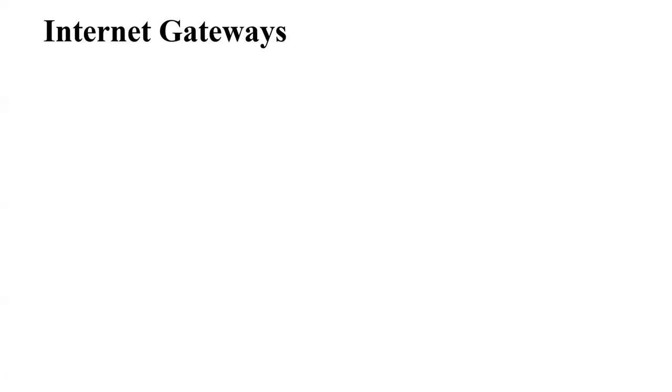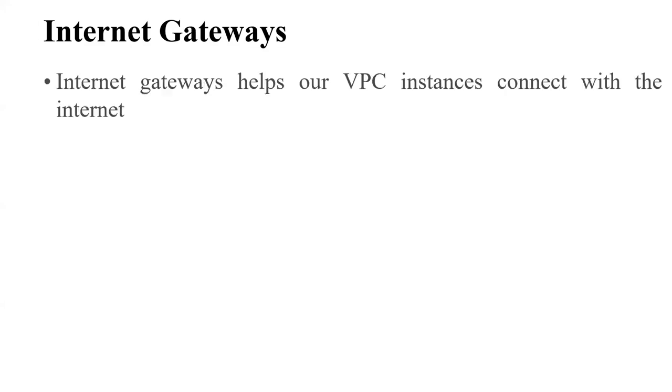Now we have defined the VPC and subnets. Next, what is the VPC component that we need to create? It is the Internet Gateway. What is the purpose of the Internet Gateway? Internet Gateways help our VPC instances connect with the internet.